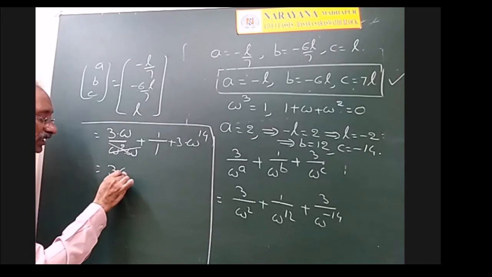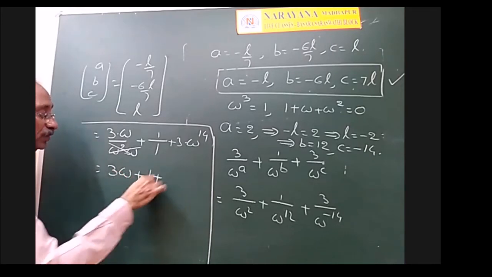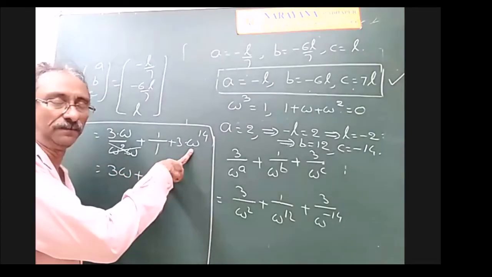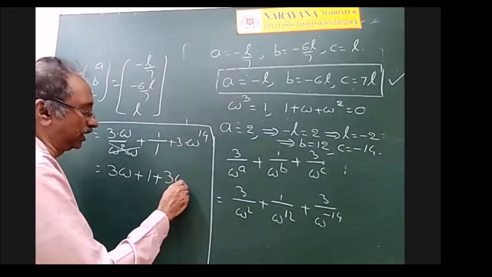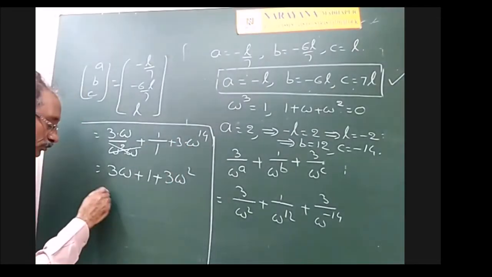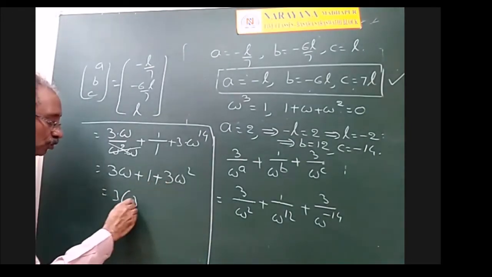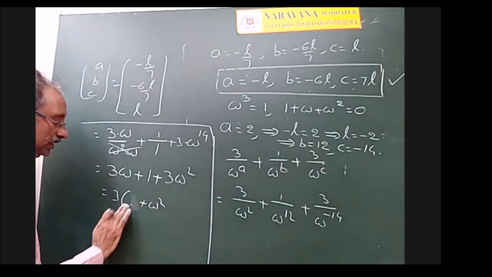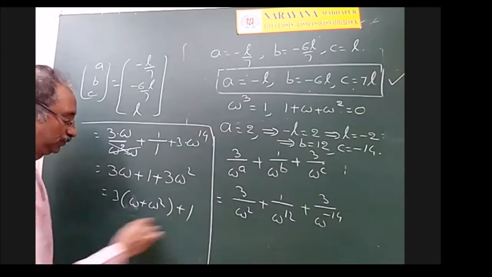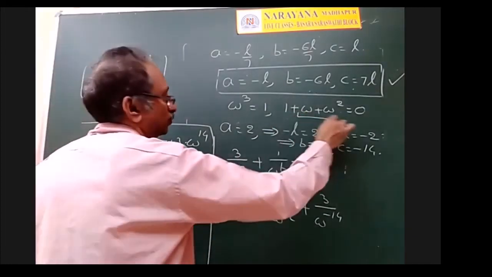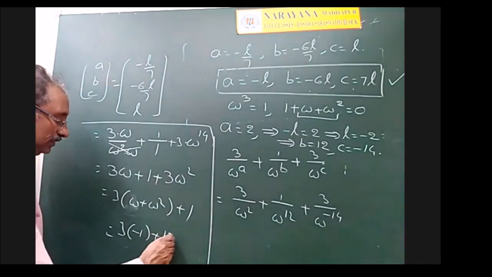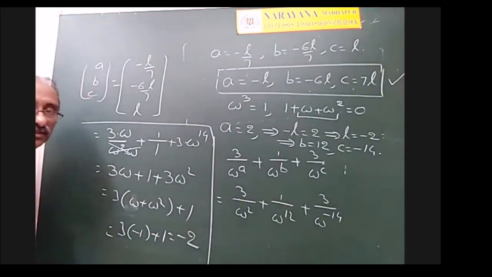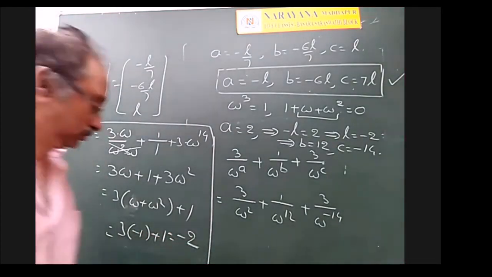So this is 3 omega plus 1. Up to omega power 12 you will get 1, so we are left with omega square only. So this is equal to 3 into omega plus omega square plus 1. And what is omega plus omega square? Minus 1. So 3 into minus 1 plus 1, the answer is minus 2. Right?